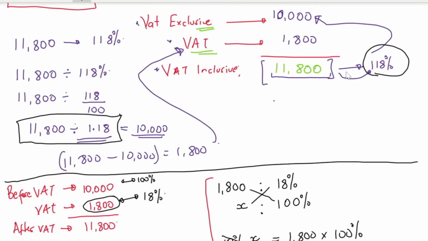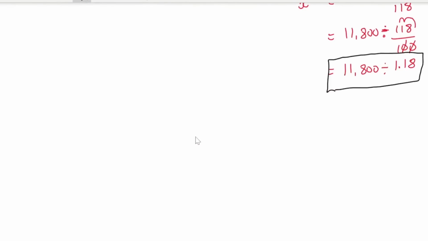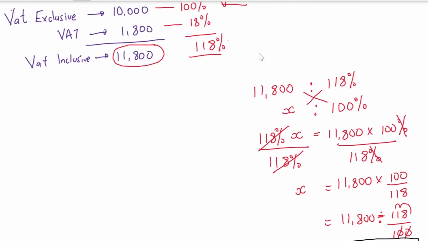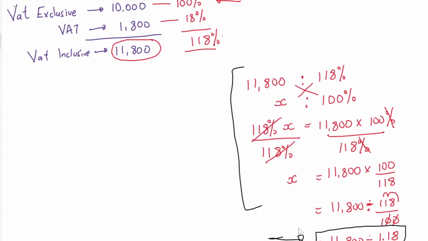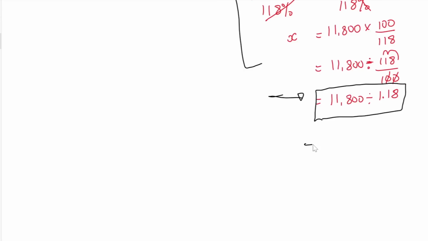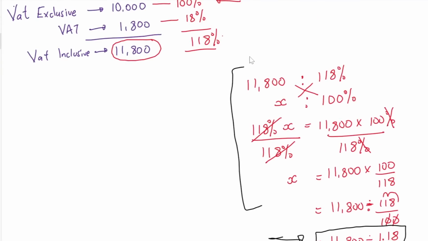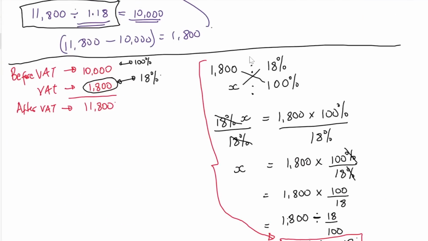We have skipped all these steps and arrived at this final point, and then we are able to get our value before VAT, which is 10,000. And of course, when you have any two figures, you can easily find the VAT by subtracting. So that is how this technique comes through, mathematically.